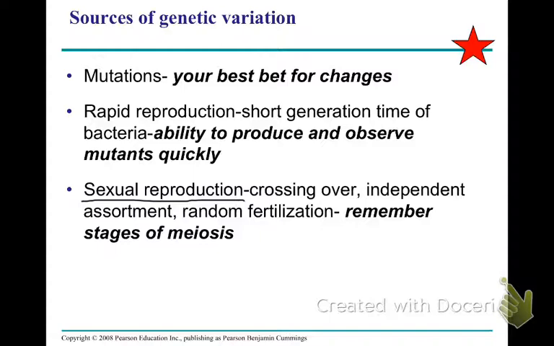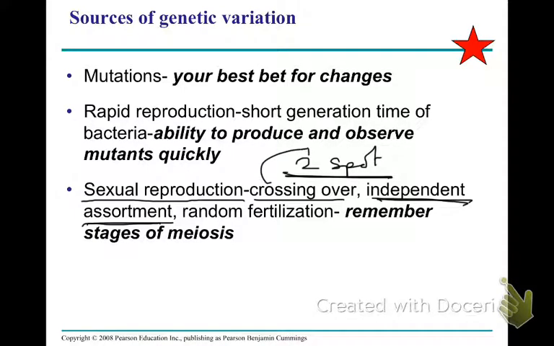In meiosis you have two spots where you have genetic exchange and variation being created through random, independent assortment. So crossing over and independent assortment: crossing over occurs during prophase 1 and independent assortment occurs during metaphase 1. These are the two spots wherein you can have a lot more variation introduced.